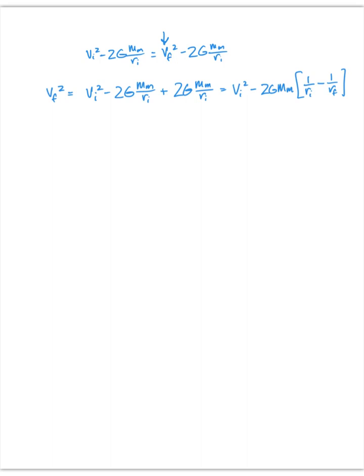And so what I did is I took these two terms and put them together by factoring out the G and the mass of Mars and the 2. And then it's just times 1 over the initial radius minus 1 over the final radius. I'm just going to put in the numbers to make sure we all know what we're putting in here.